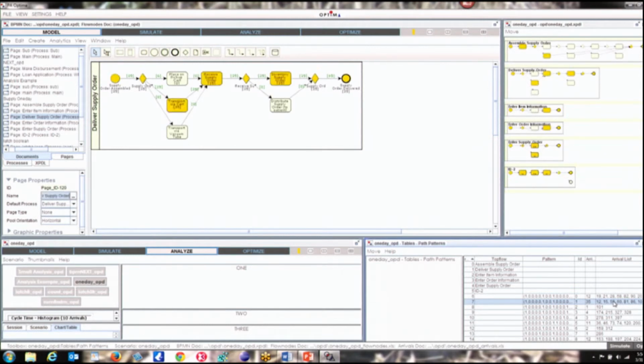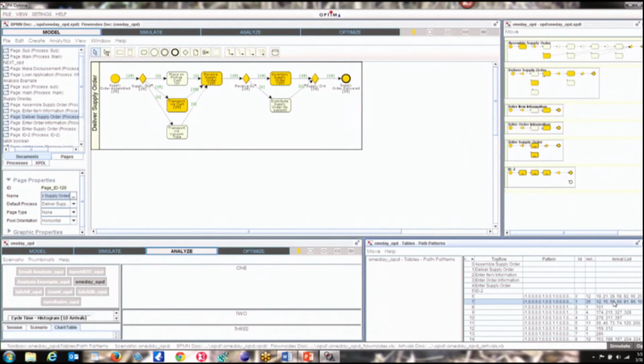Well, okay. So what it's doing is showing me that particular pattern, which occurred 35 times in the order history, and it's highlighting the flow nodes in that pattern.